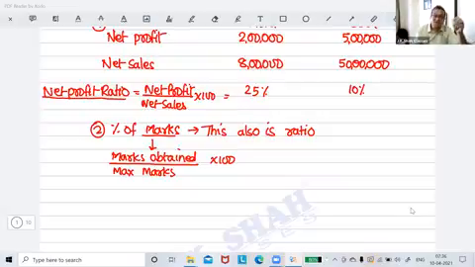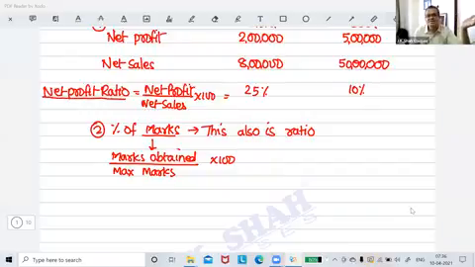So basically, why do we convert absolute numbers into ratios? Absolute numbers are not good for comparison. That's why we convert them into ratios. People have sometimes asked me, but sir, why do you compare?